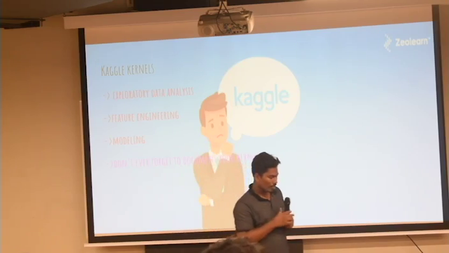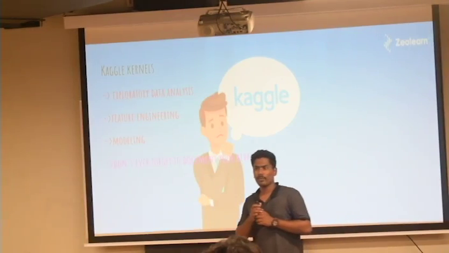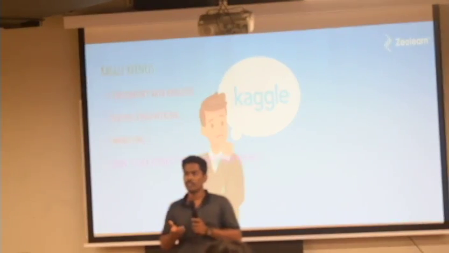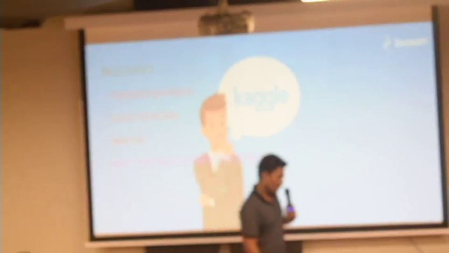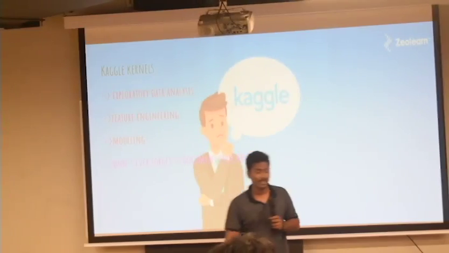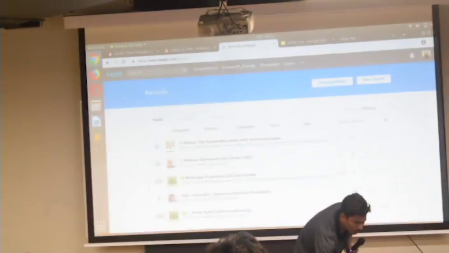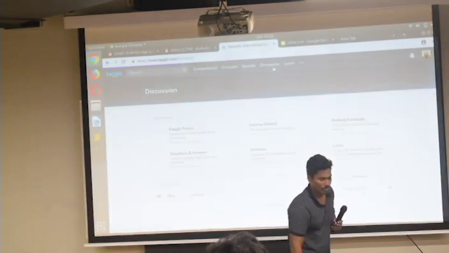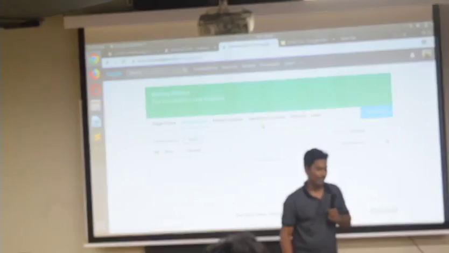The third step is modeling, where you apply a machine learning model to get your output. When I go through discussions, there is a tab called getting started.